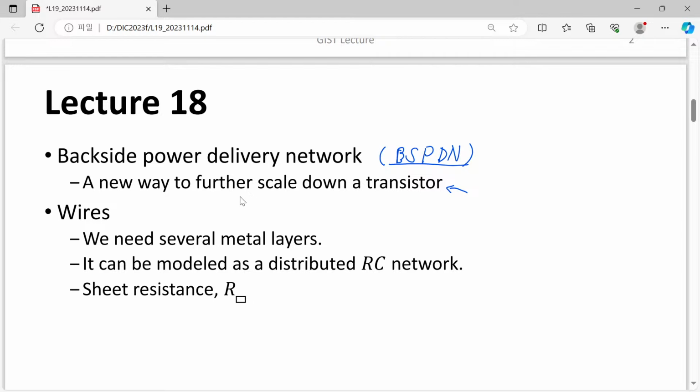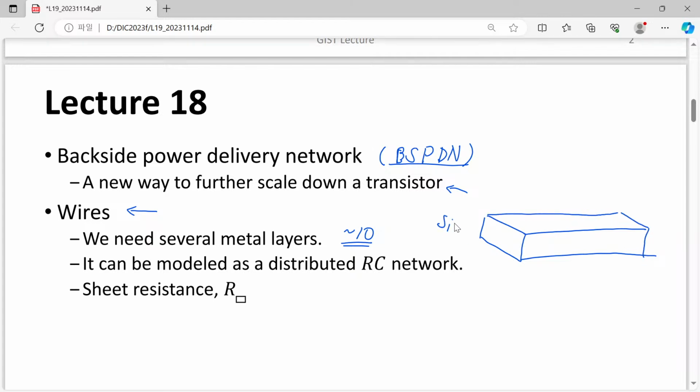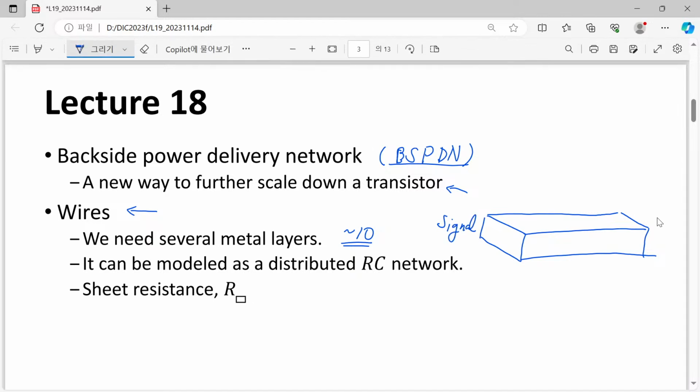After that, we thought about wires, and we need several metal wires. Several means around 10 or even a larger number of metal layers are used. It can be modeled as a distributed RC network. So if we have a certain metal wire, and we want to send our signal from source to destination, we can divide it into several pieces.